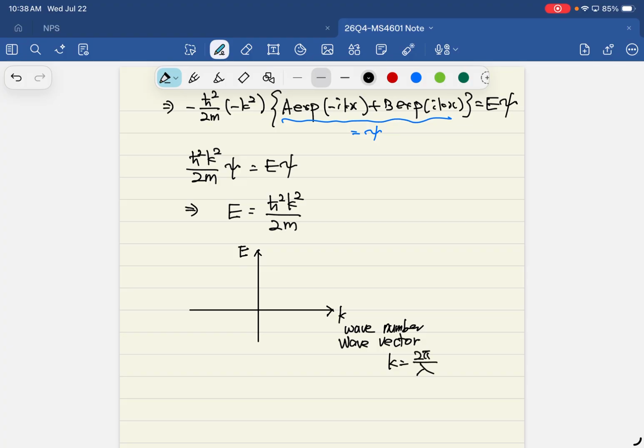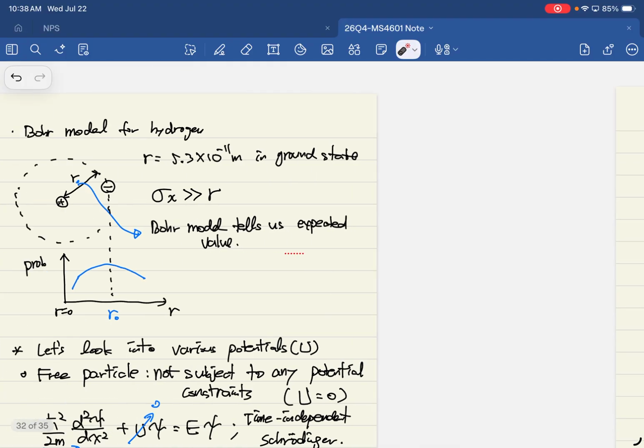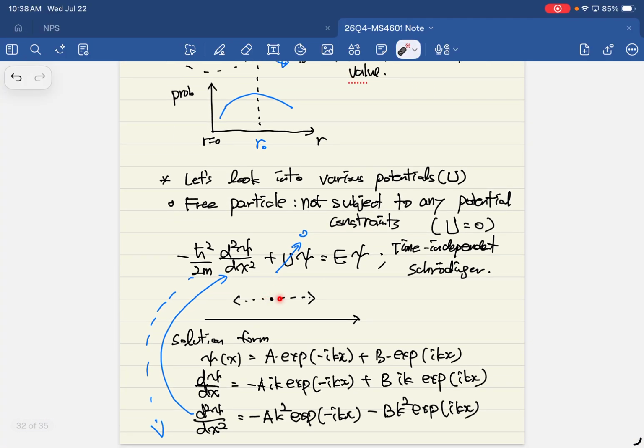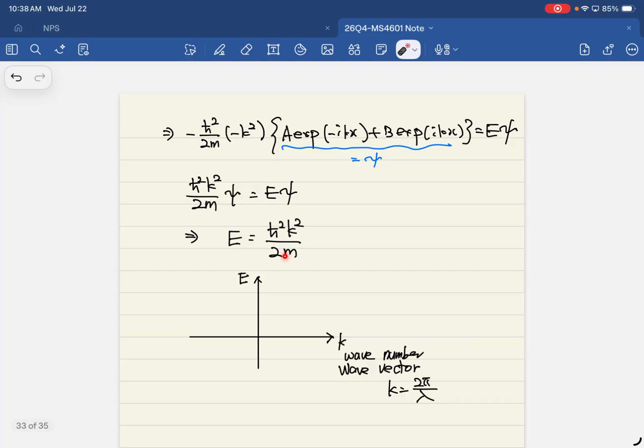And then this wave number is related to wavelengths, right? So for example, if you look at this expression, h bar is constant, m is a constant. That m is going to be the mass of the particle that you are looking at. We didn't say what this particle is, but if this is an electron, let's say, because we often use electron as an example, then this m is going to be mass of electron.